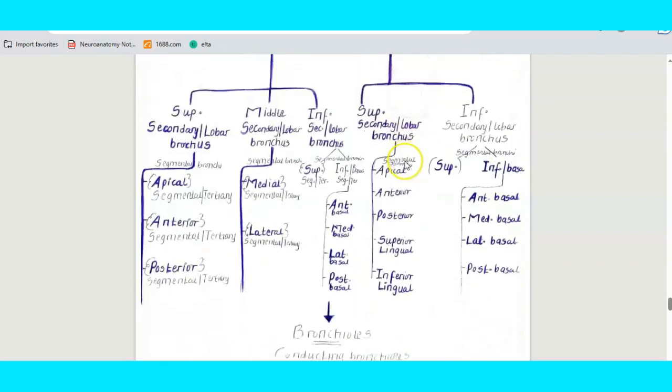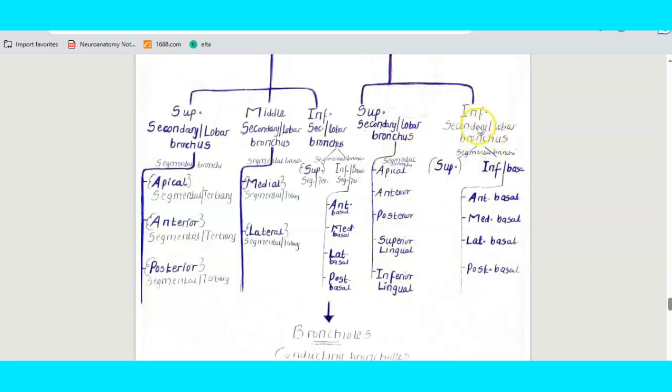Then for the left side, the right and left lobar or secondary bronchi will divide. The superior divides into apical, anterior, posterior, superior lingual, and inferior lingual segmental bronchi.